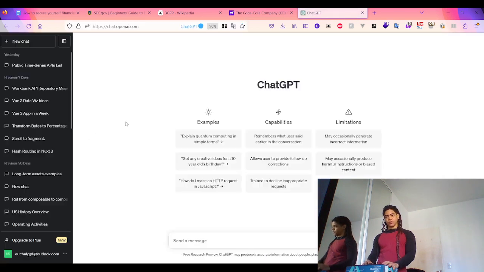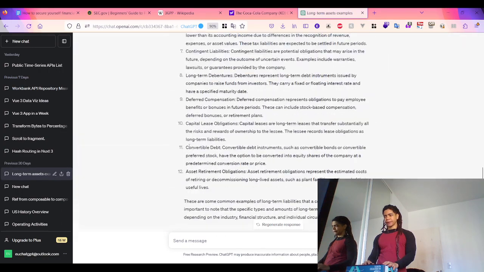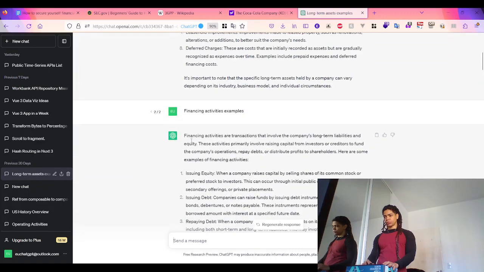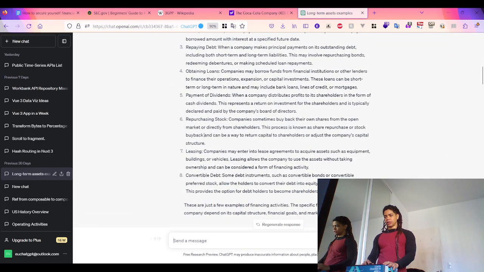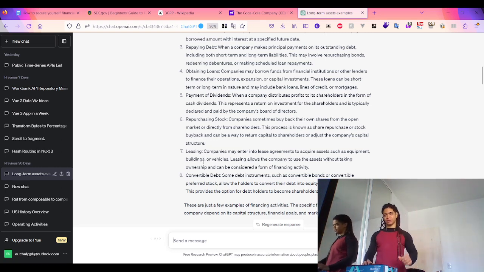Okay, so, long-term asset examples here. Financing activity, leasing, very important here.